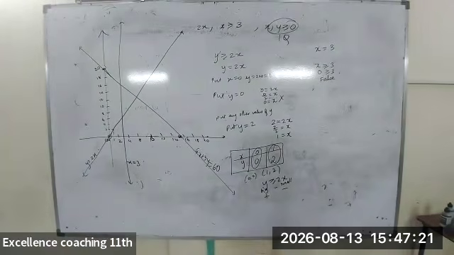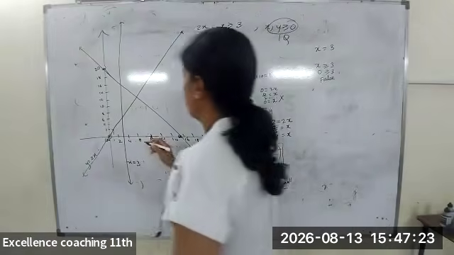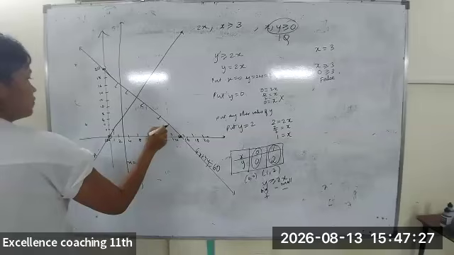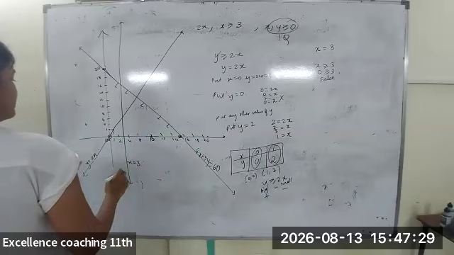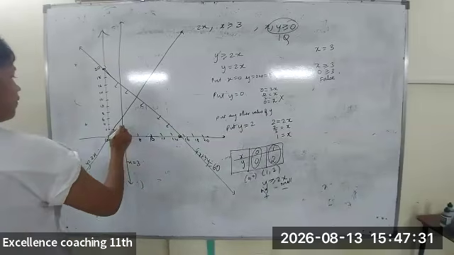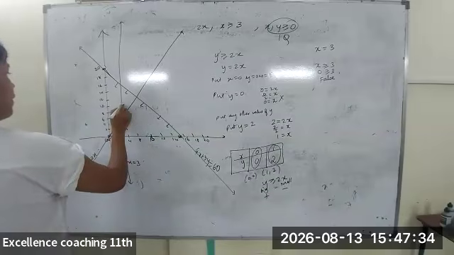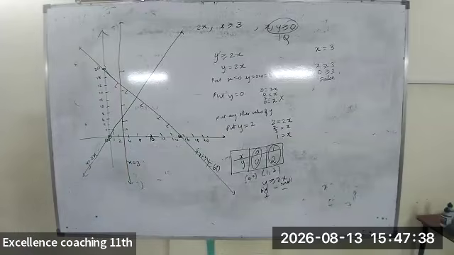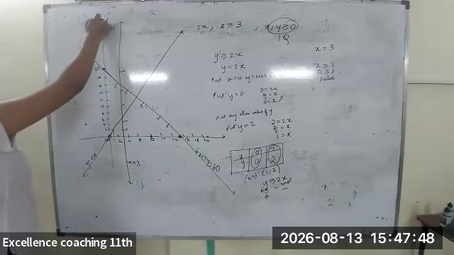First one was what? True. Now comes your main line. Shade which side? Y is plus, y axis should be plus.